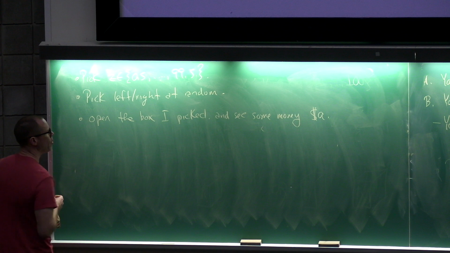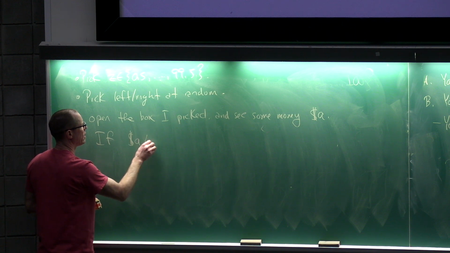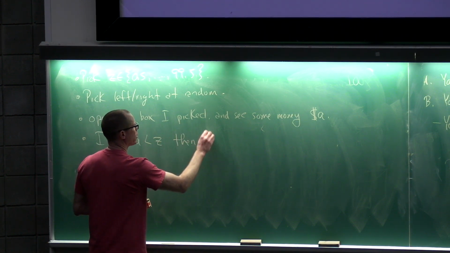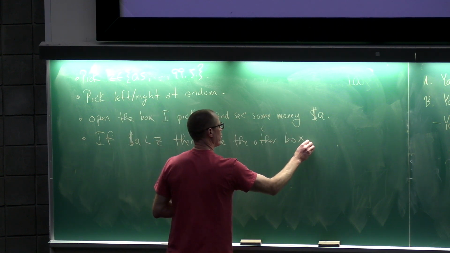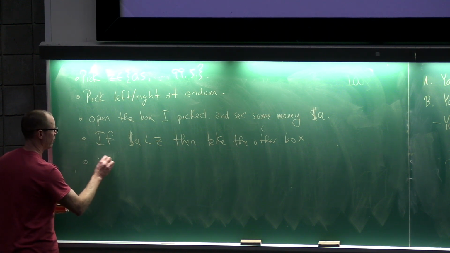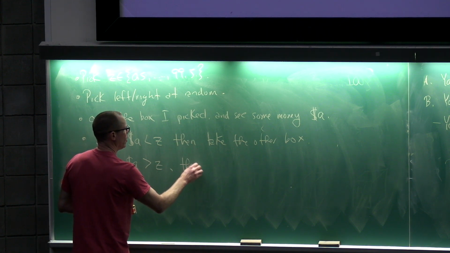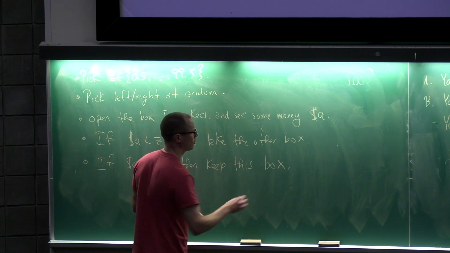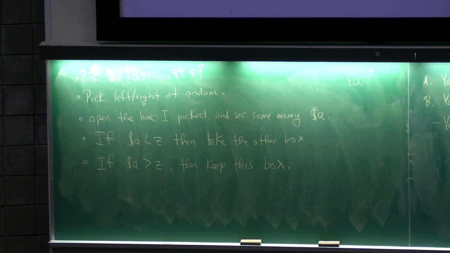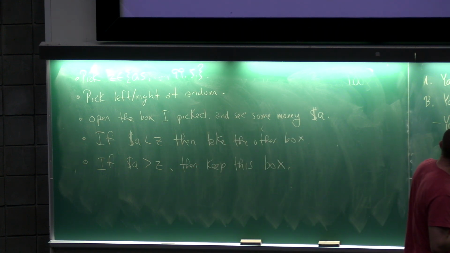That's what I'll call whatever's in that box. And if A is less than Z, then take the other box. If A is bigger than Z, then keep this box. Okay? So it's clear what's going to happen. So what's going to happen is some magic is going to happen.